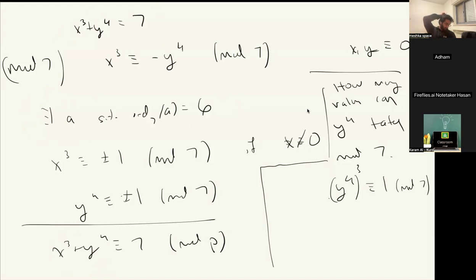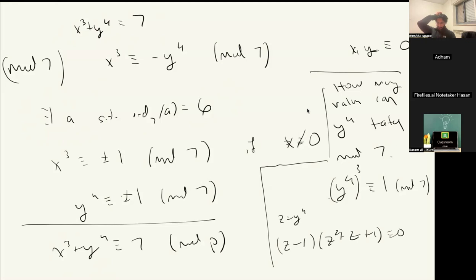And then we can factor this. We have y to the 4 minus 1 times y to the 8 plus y to the 4 plus 1 congruent to 0 mod 7. One of these must be 0 mod 7.